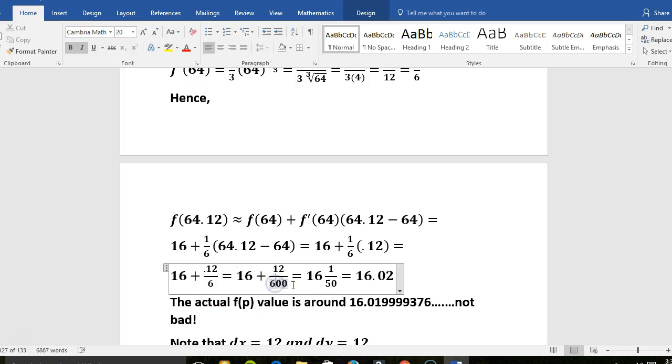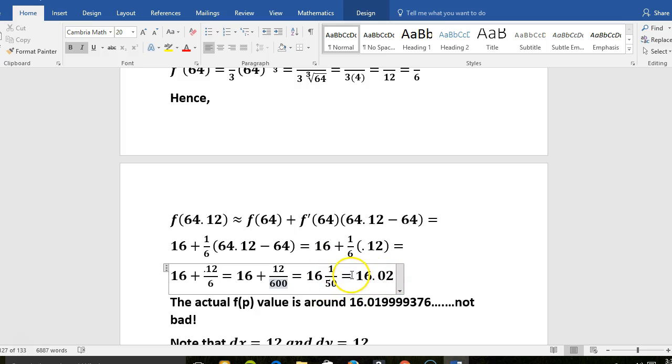This is 0.12 over 6. It'd be nicer to have 12 up here, not 0.12. So multiply by 100 and you get 12. But you have to multiply the 6 by 100 on account of that, and you get 600. But 12 over 600 reduces greatly to 1 over 50, and 1/50th is 0.02.